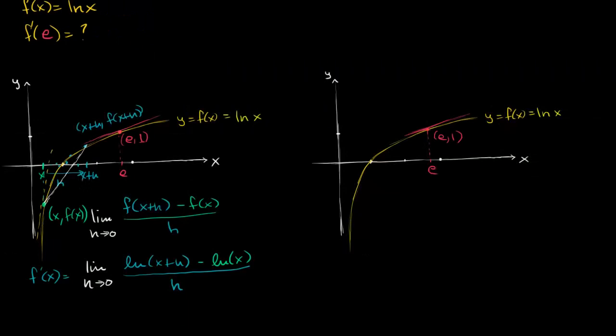So we could write f prime of e is equal to the limit as h approaches 0 of the natural log of e plus h minus the natural log of e, all of that over h.